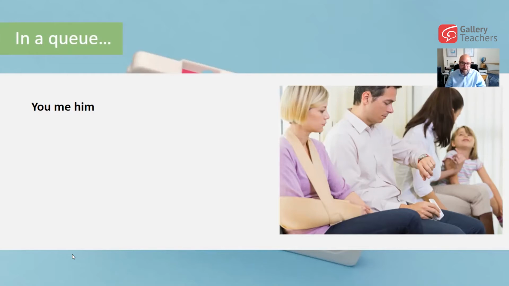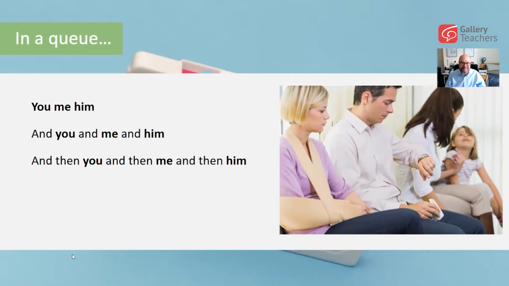Now, notice what happens if we add words to it. So if we add the word "and," we get a longer stretch of language. And if we then add the word "then" as well, we get another longer still stretch of language. And if we have the full form, and then it's you, and then it's me, and then it's him, we get a longer bit of language still.